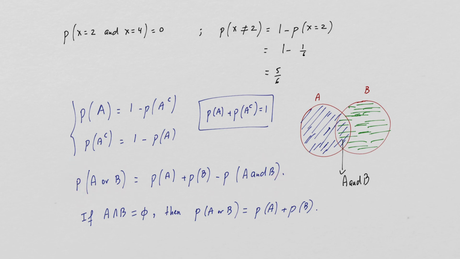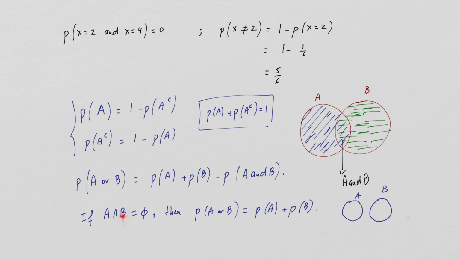Now, if there is no intersection whatsoever, let's say A and B look like this. There is no intersection. The intersection is the empty set. They don't intersect. We call them disjoint. We call them mutually exclusive.